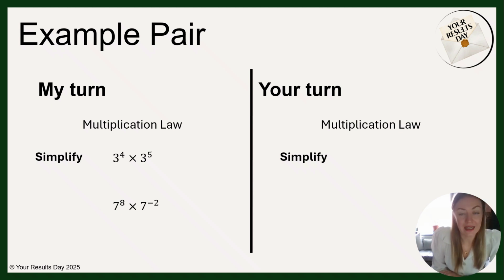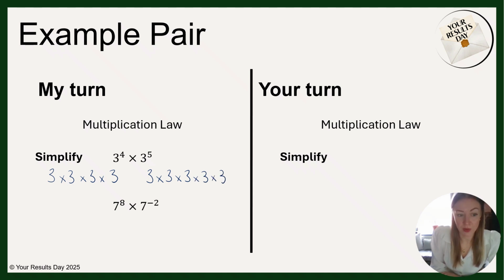So hopefully by now, especially if you've watched my previous video on indices, you will understand that 3 to the power of 4 means 3 times 3 times 3 times 3. And that 3 to the power of 5 is 3 times 3 times 3 times 3 times 3.